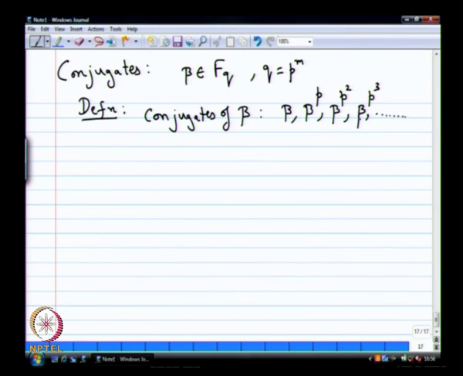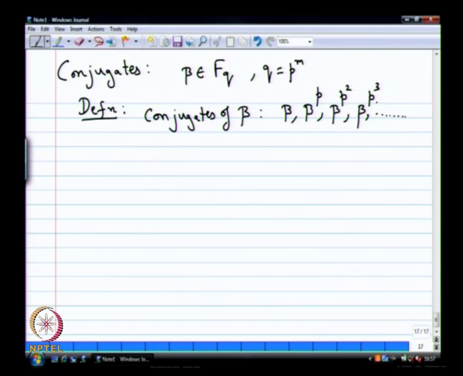When I defined order also, I had a sequence like this, beta, beta square, beta power 3, so on. This is a totally different sequence. Beta, beta power p, what is this p? p is the characteristic of this field, beta power p square, beta power p power 3, so on.